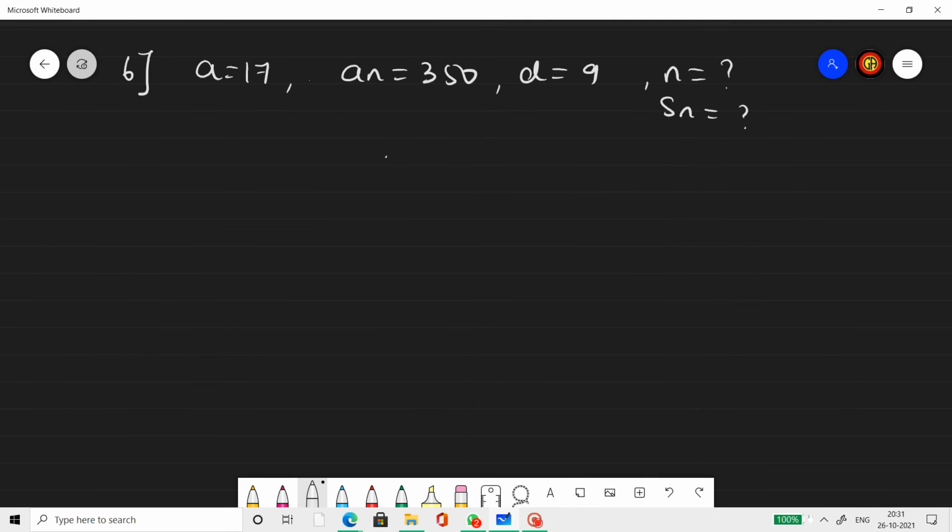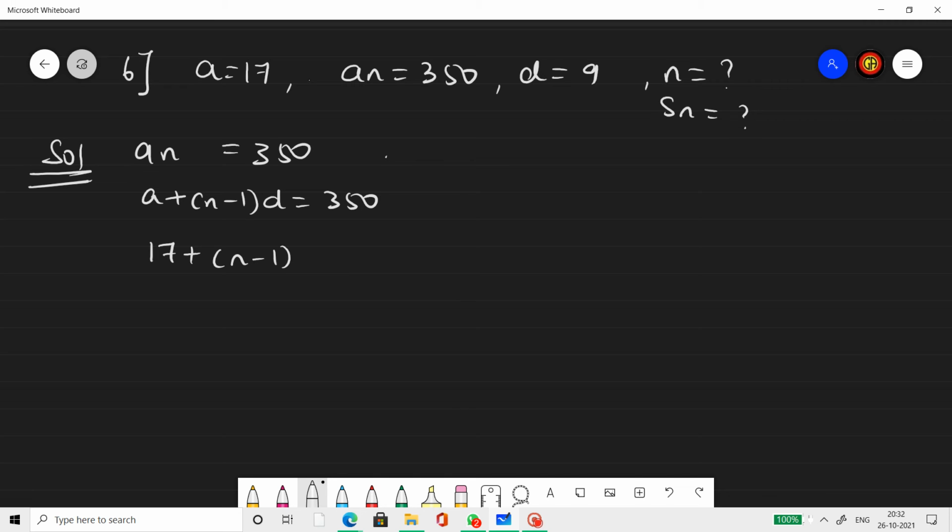Okay, so next question, sixth one. An equals 350. An is a plus n minus 1 into d equals 350. A is 17. 17 plus n minus 1 into 9 equals 350. So n minus 1 into 9 is equal to 350 minus 17.